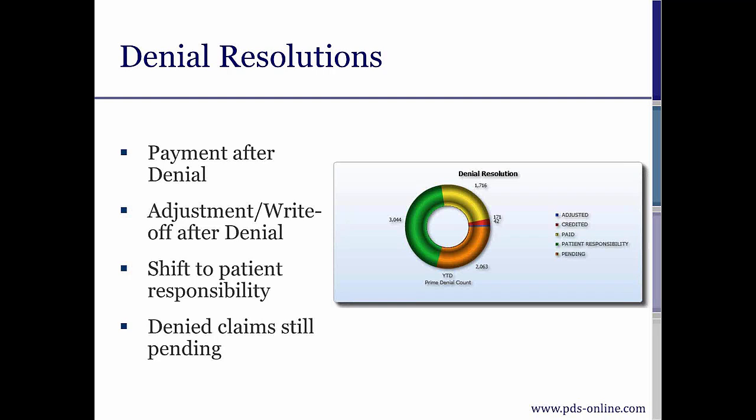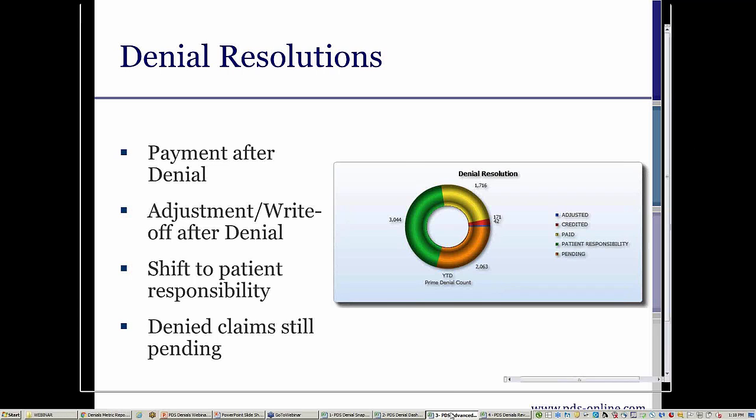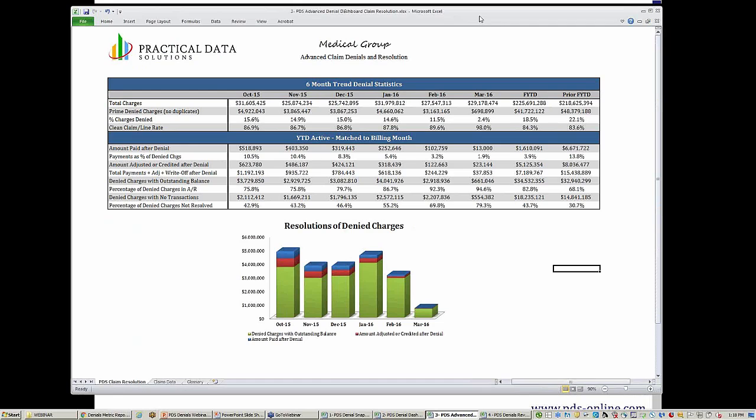Well, once we know this information, then we're going to move into a different type of dashboard where we really want to look at the ability of a dashboard to tell a story. So in this dashboard, you can see we can look at what's going on over a 6-month period plus our year-to-date.